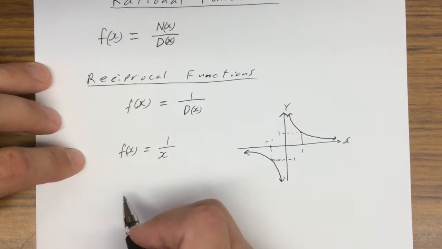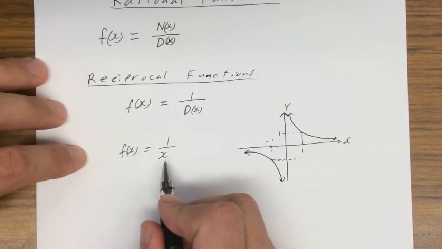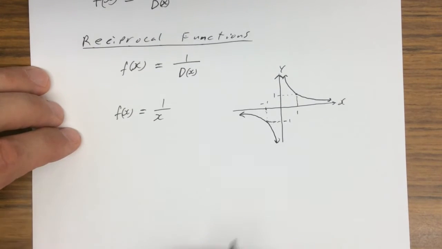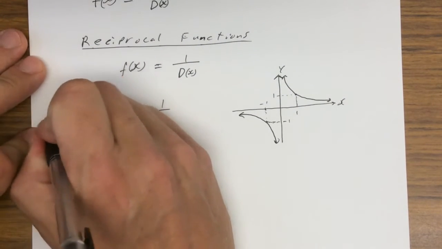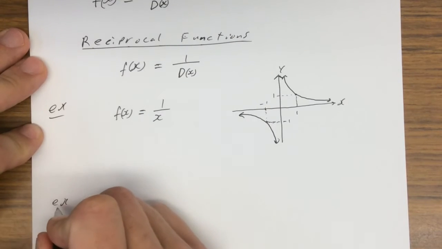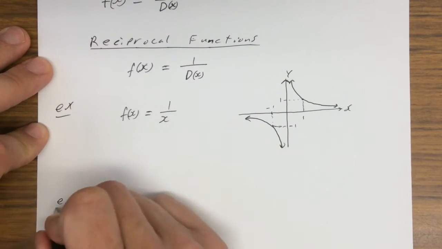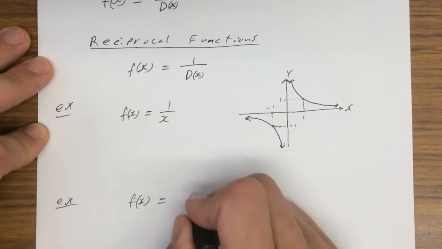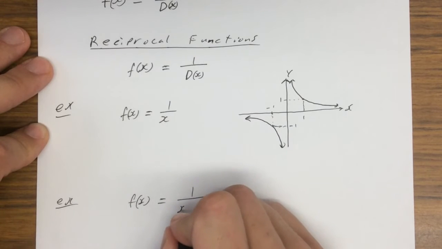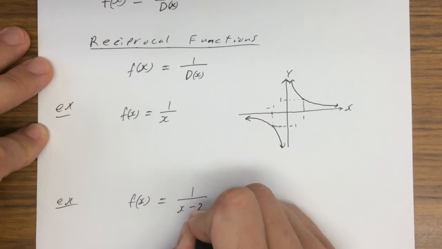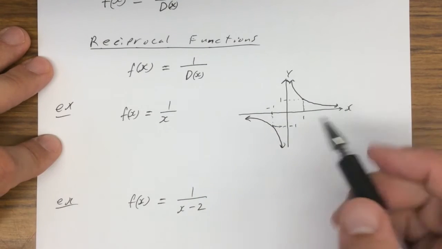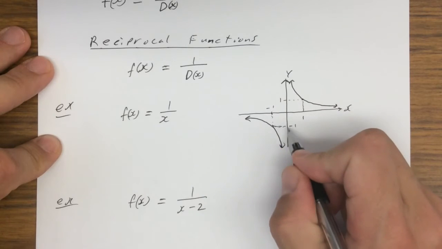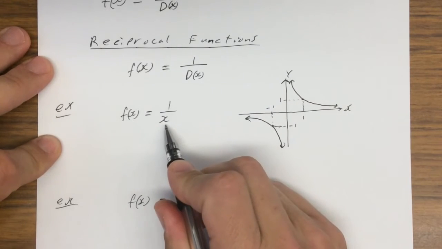If we wanted to look at 1 over any linear function, let's look at another example. Let's say f of x in this case equals 1 over x minus 2, for instance. Well, in this case, if you look at this, there is nothing at x equal to 0.